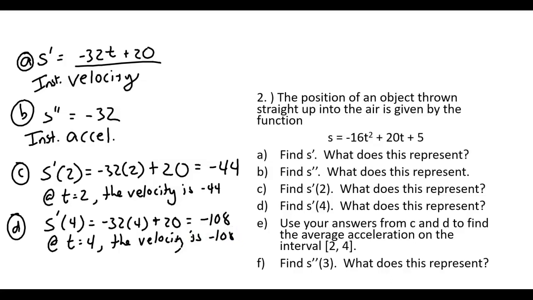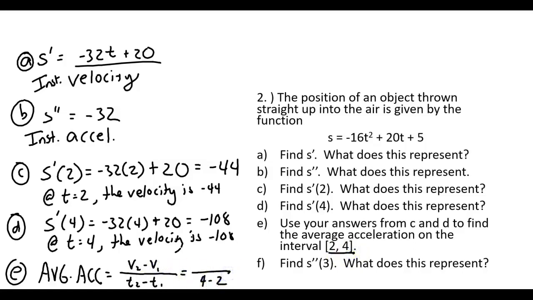Use your answers from parts C and D to find the average acceleration on the interval from 2 to 4. All right, we can do that. So, average acceleration is t2 minus t1 on the bottom and v2 minus v1 on the top. So the two time values that we're looking at here are 2 and 4. The velocity at t equals 4, we found out from part D, is negative 108.